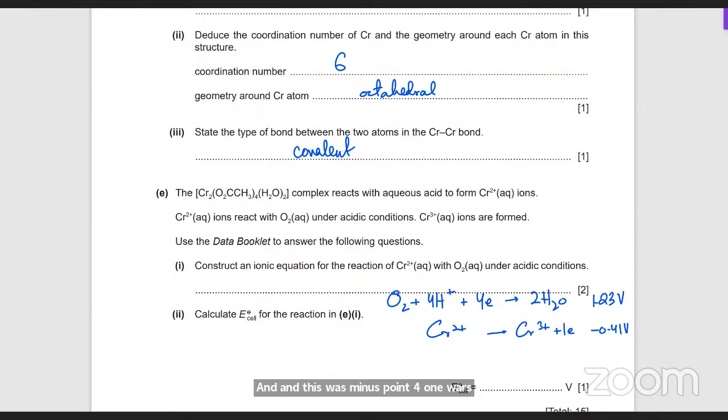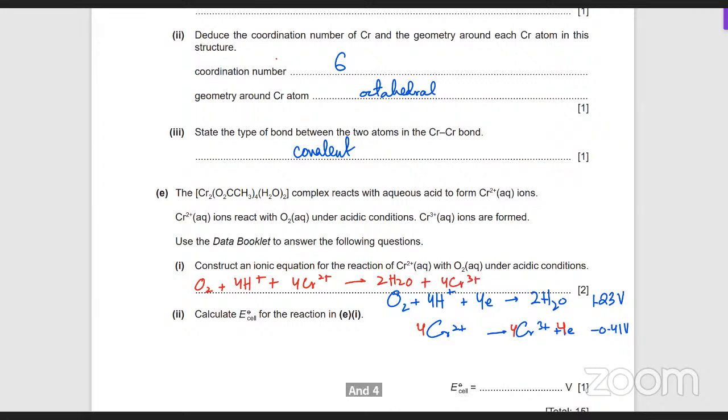The first thing is you have to make an overall equation, so you have to balance it. Electrons should be equal, so multiply this by 4, and then add them up. It's going to be oxygen plus 4H+ plus 4Cr2+, and the products are going to be 2 water molecules and 4Cr3+.